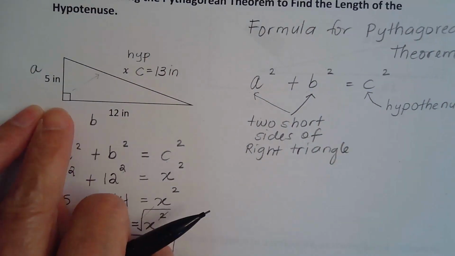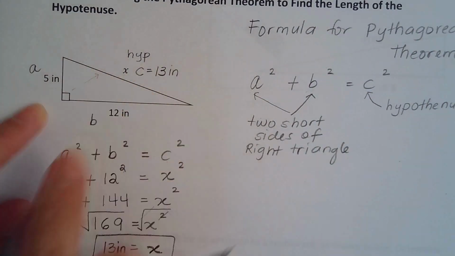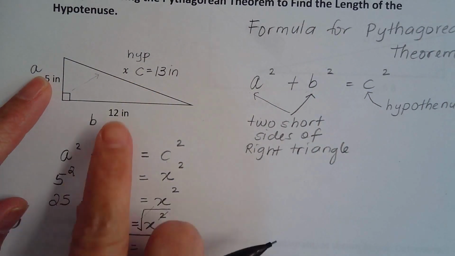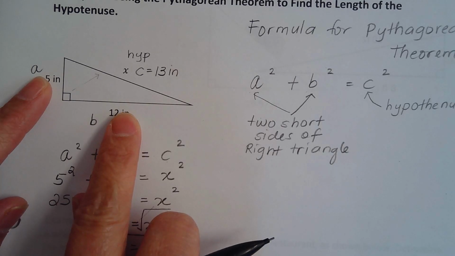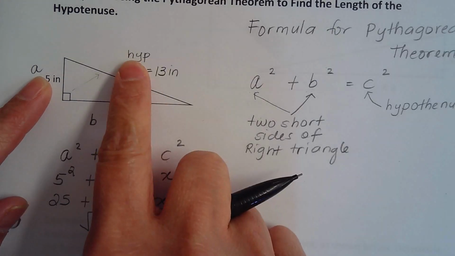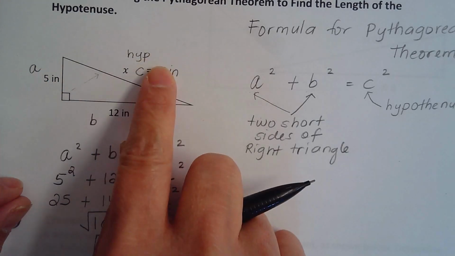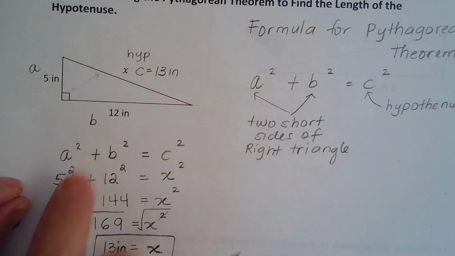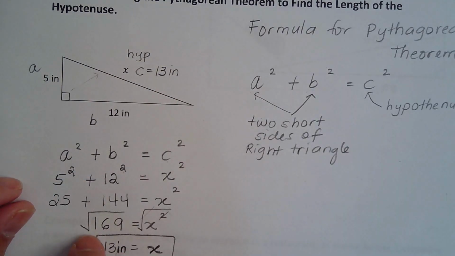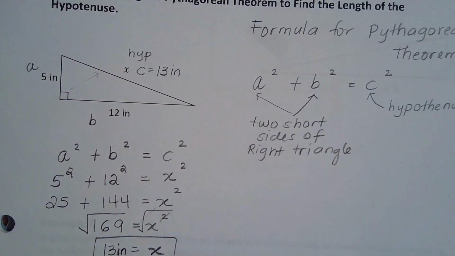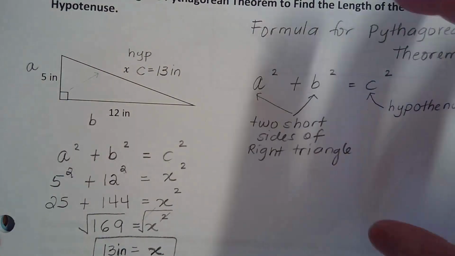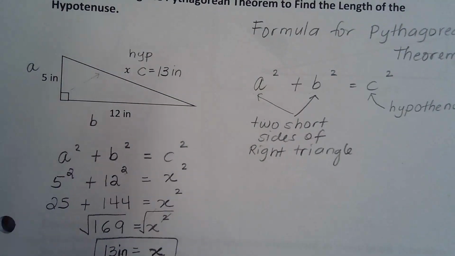Now, does this triangle make sense? Two short sides, and then the hypotenuse is the longest side. Is the hypotenuse the longest side? Yeah, it's 13. Before I get into the next example, I want to show you something.